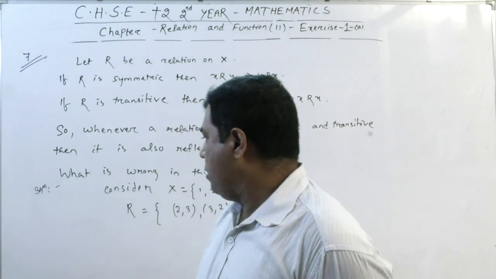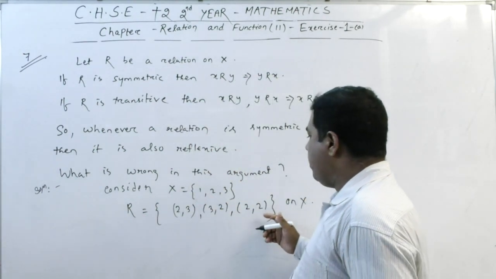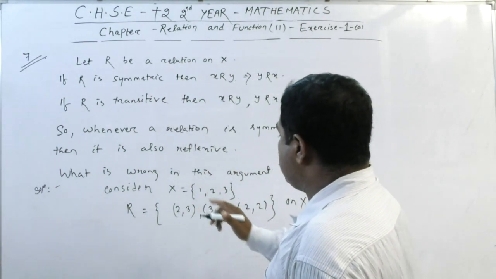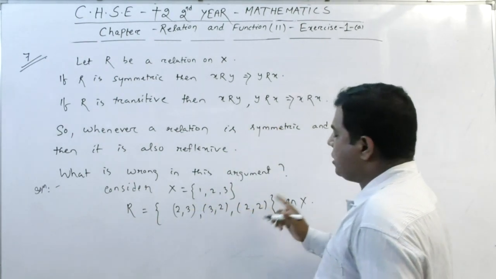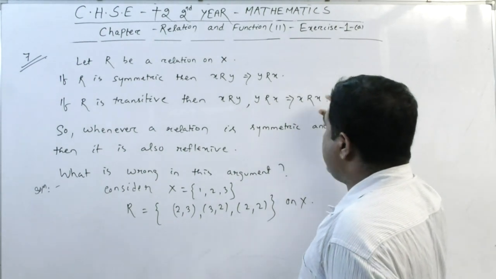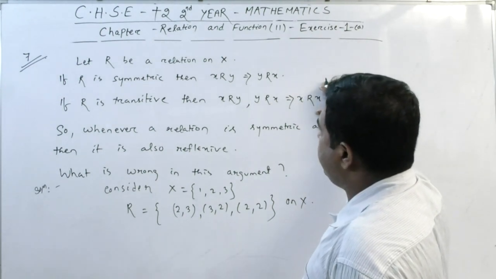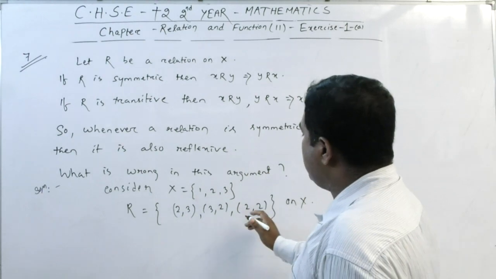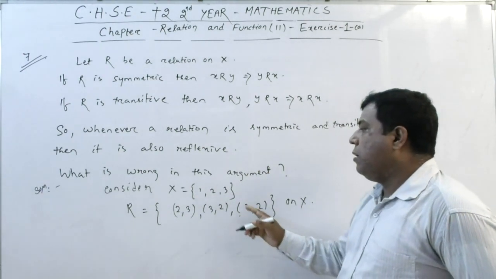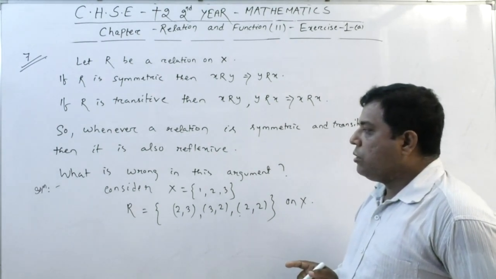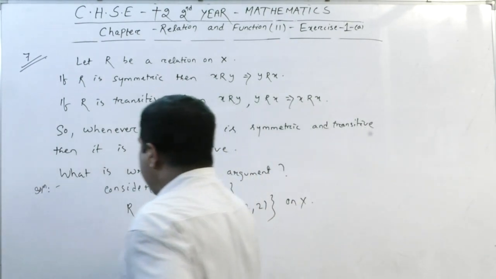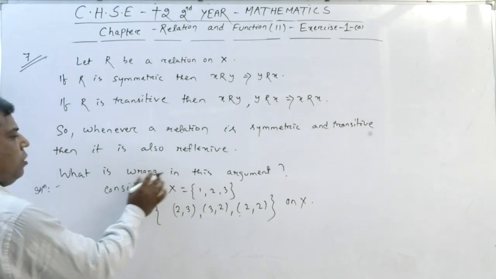Why? Because if the reverse pairs are present, it is called symmetric, but it is not reflexive because all identical pairs of X do not belong to R.